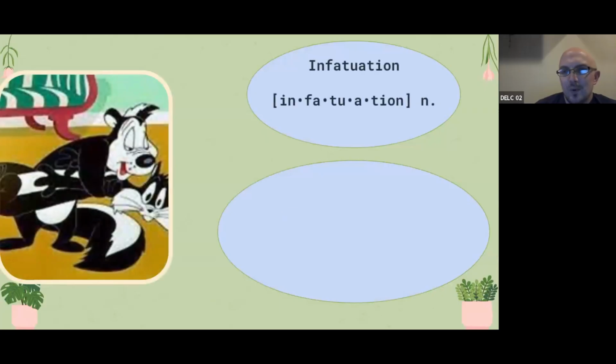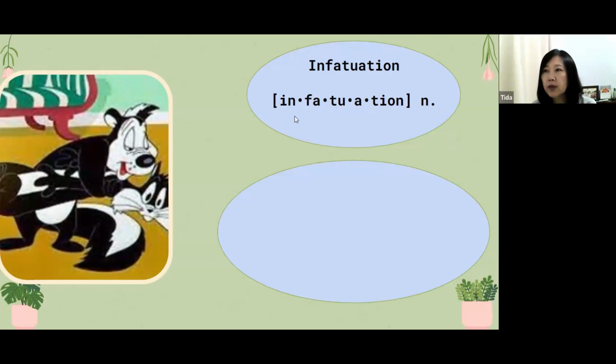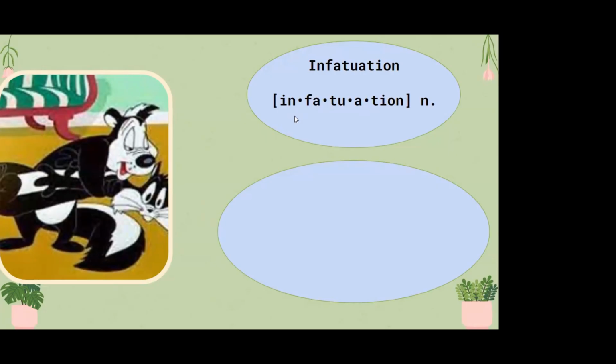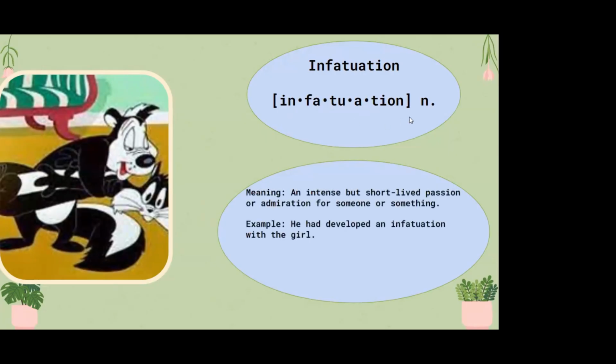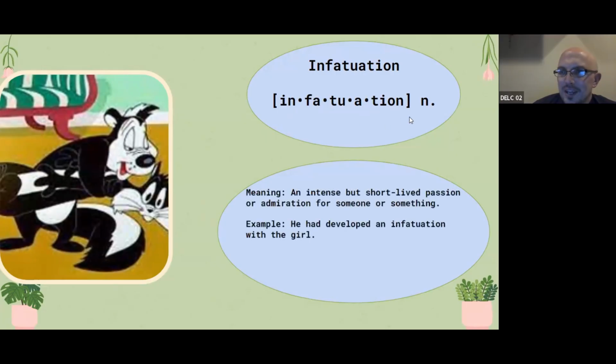Okay, and next our word, infatuation. Everyone, can we say infatuation? Infatuation. Very good. Another word that we can use for infatuation is lust. But this just means a very strong feeling or a very strong craving for usually another person.